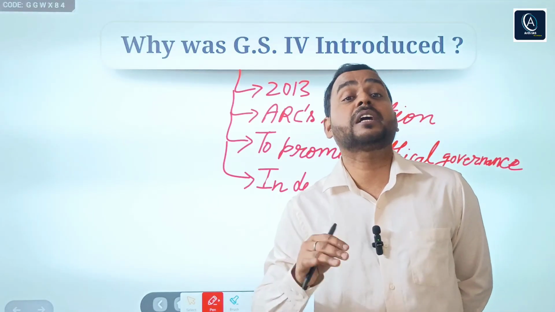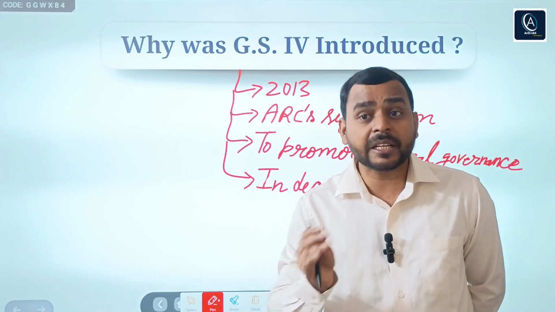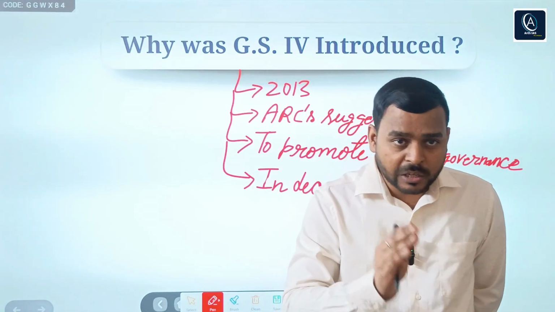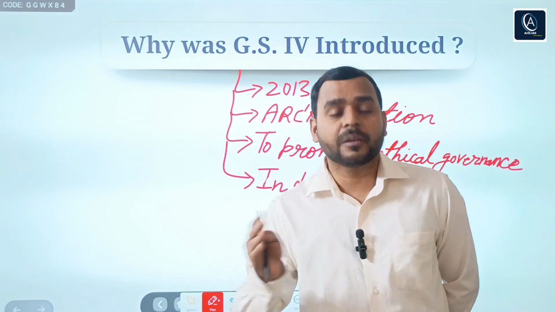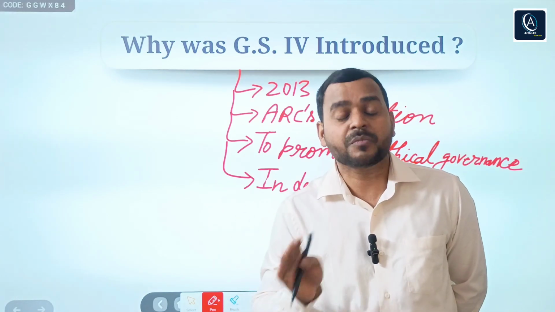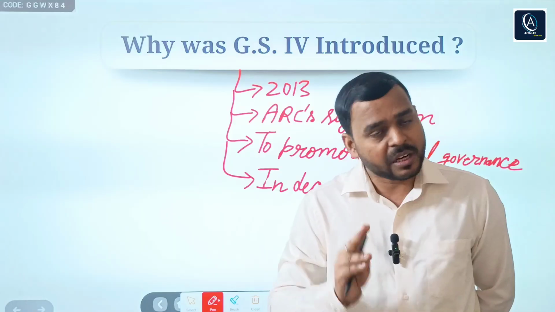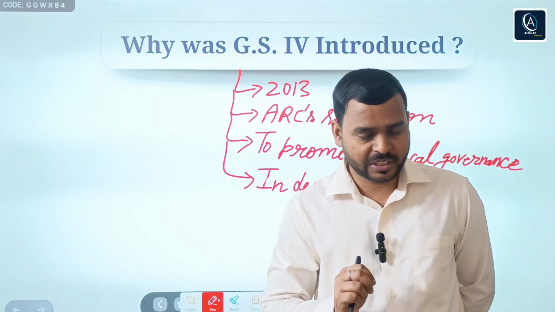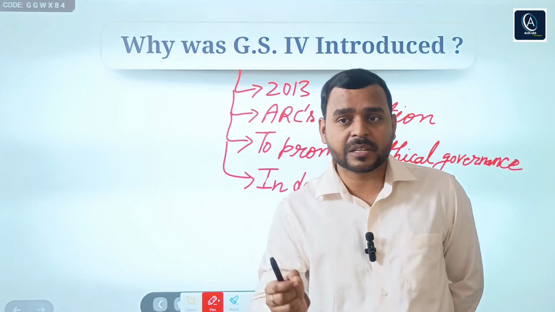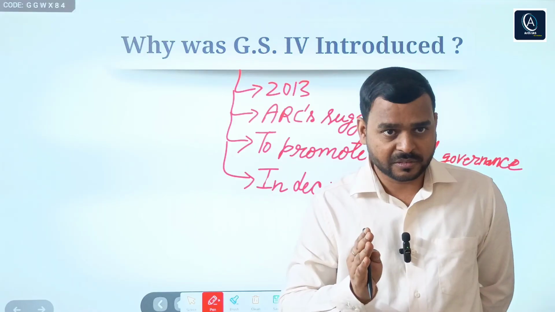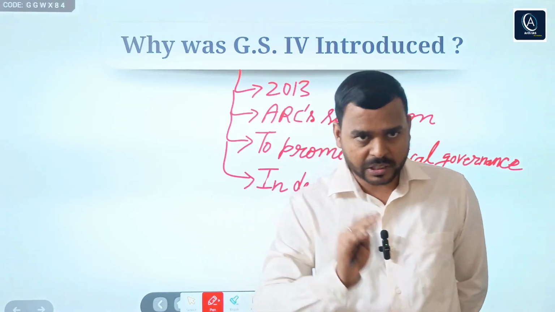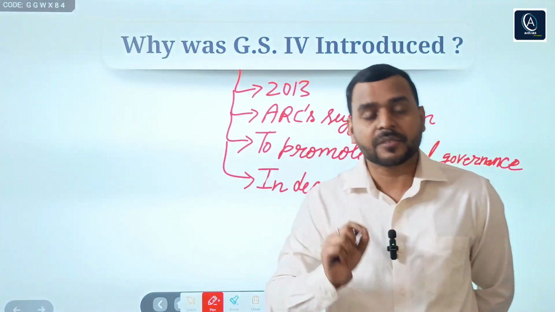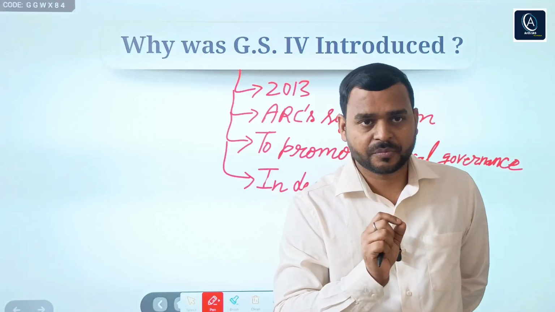Another type of ethical dilemma is whether you should follow law or you should follow compassion. For example, you become a civil servant, and you get an order from your superior to remove an encroachment.